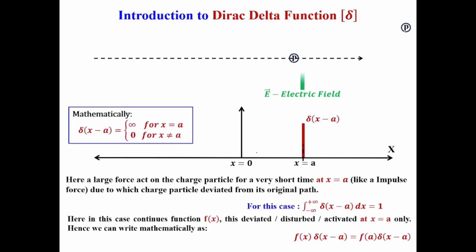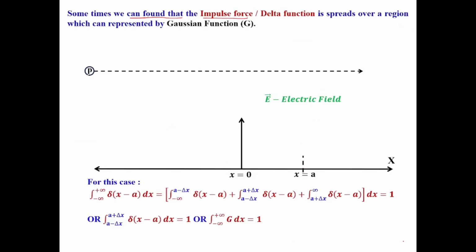If the Dirac delta function exists at x equal to a, it can be represented like this, and how this equation is written, we also discussed in our last class. We also discussed that if a Dirac delta function is spread over a region, it can be represented by a Gaussian function like this.